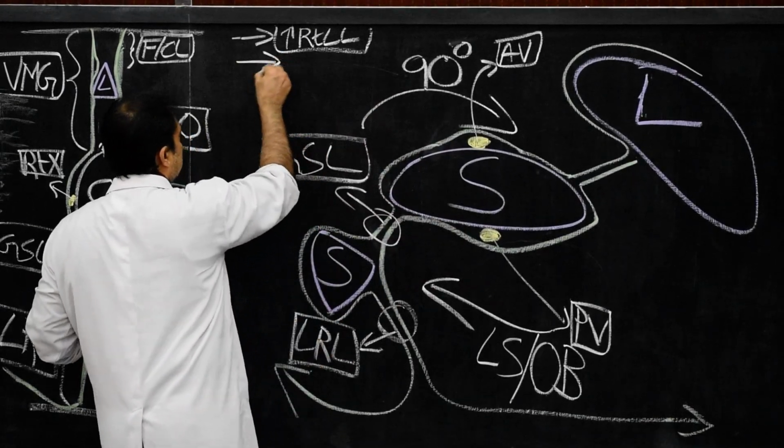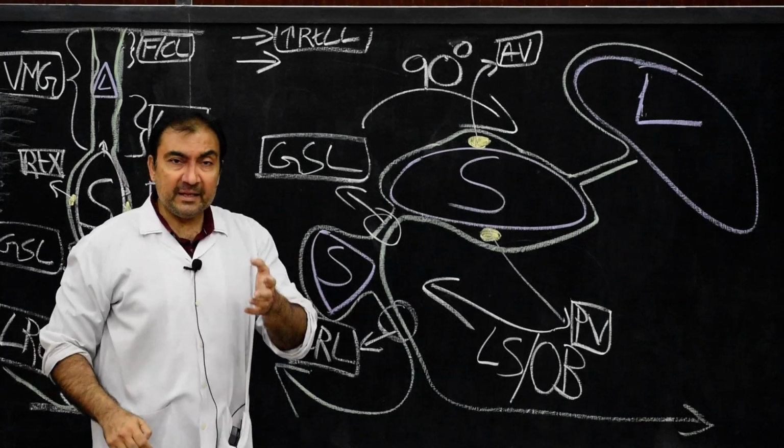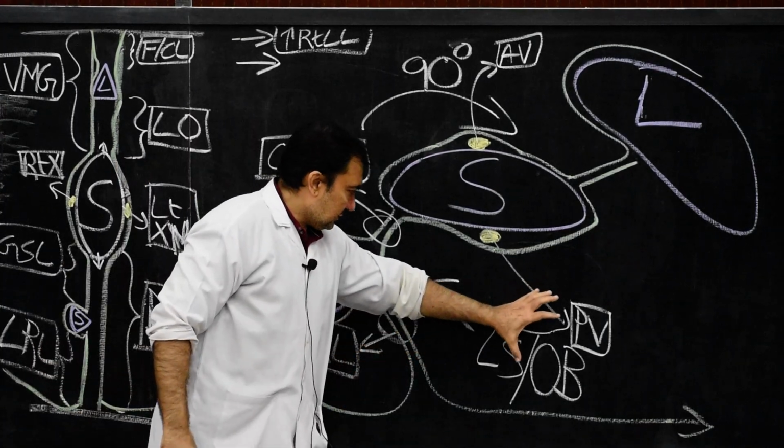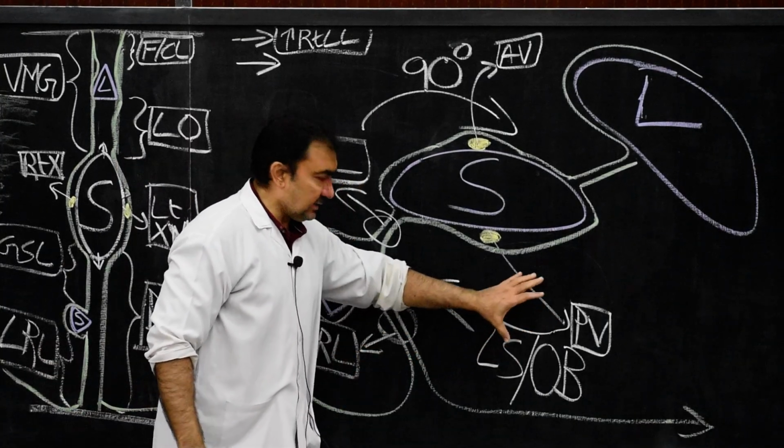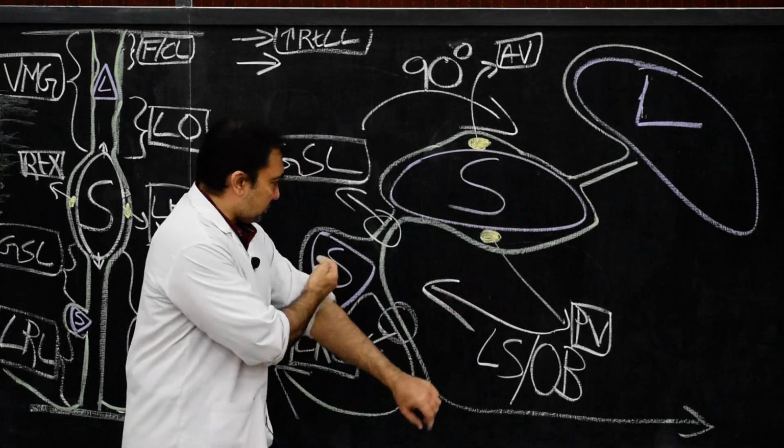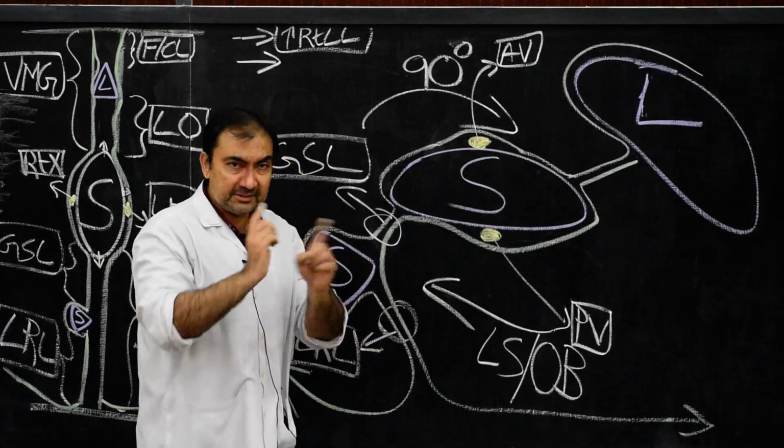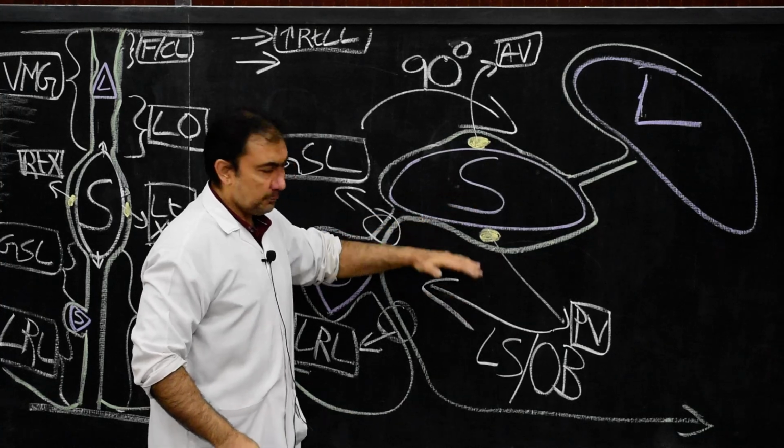Second reason, second factor will be the omental bursa, that is the lesser sac, is pushed dorsal to the stomach, posterior to the stomach.